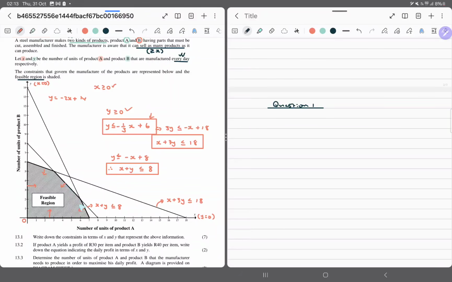Then we just see that we shaded below this line. So this means less than or equal to. Therefore, we can say 2x plus y is less than or equal to 14. So that is essentially how we write those constraints. So this is the line, 2x plus y less than or equal to 14.